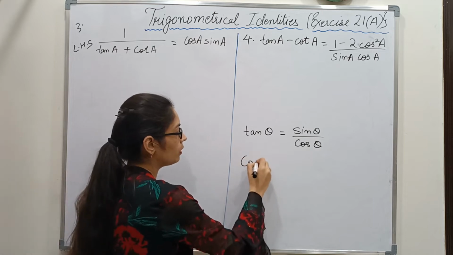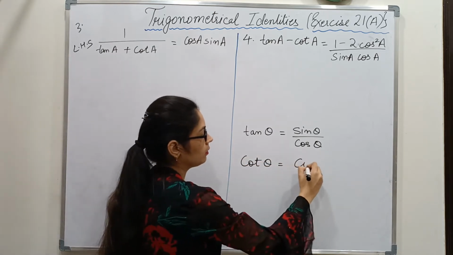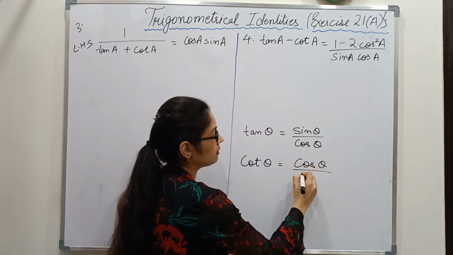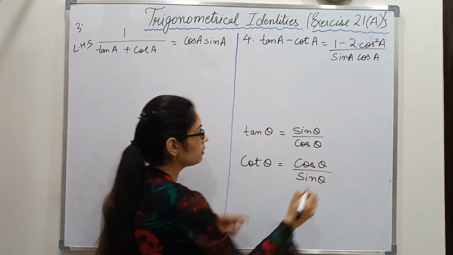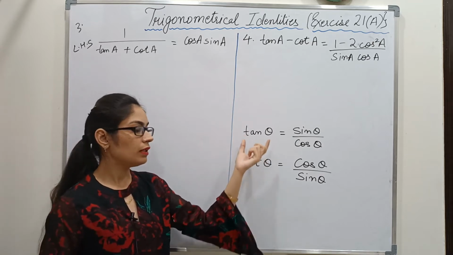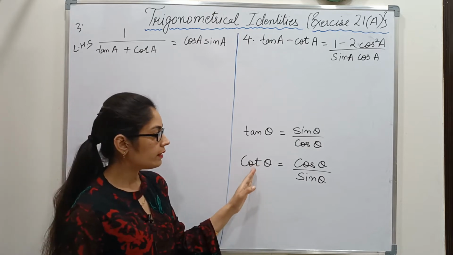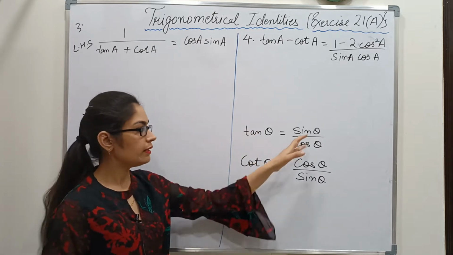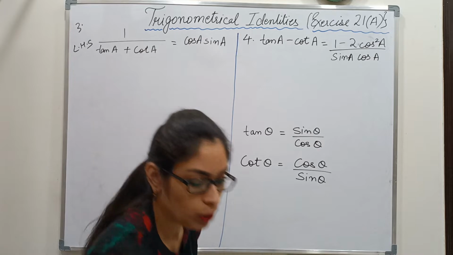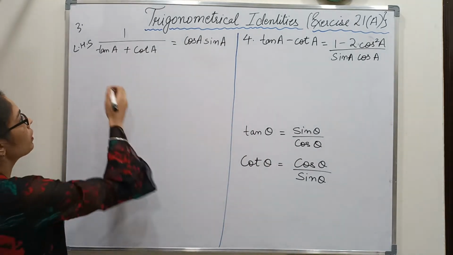And same way cot theta, we can write it as cos theta by sine theta, because they are reciprocal of each other. So tan's reciprocal is cot, so that means when I want to write cot, I can just do its reciprocal. So reciprocal means changing a numerator into denominator. So this thing we will do here.